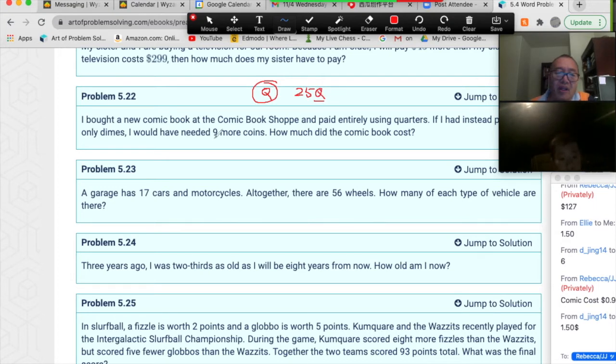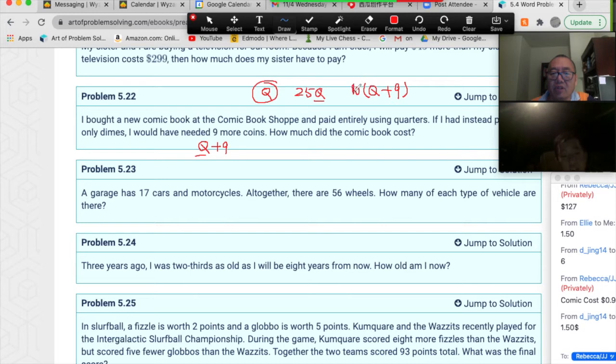Another way to say it: if I only use dimes, I need 9 more coins. So the number of dimes will be Q plus 9, because Q is the number of quarters. Each dime is worth 10 cents, so that means Q plus 9, then times 10.